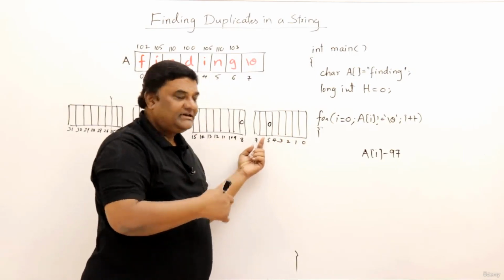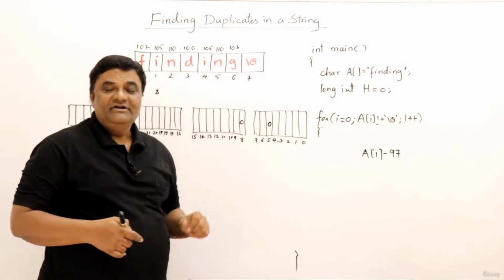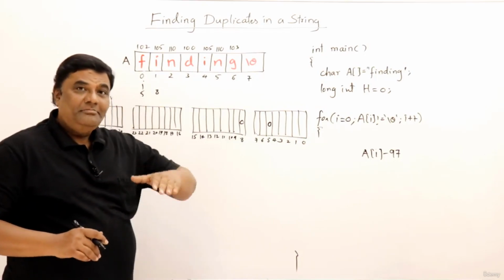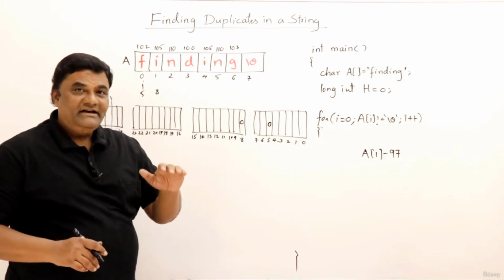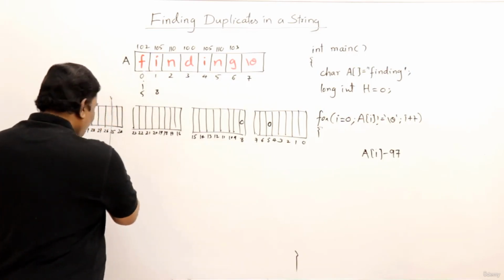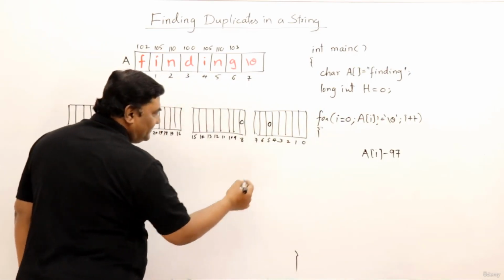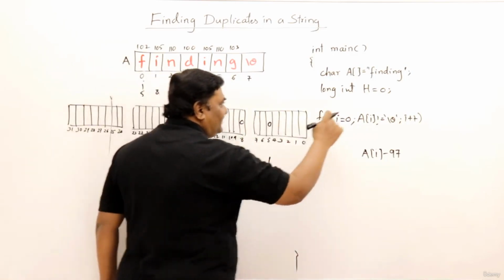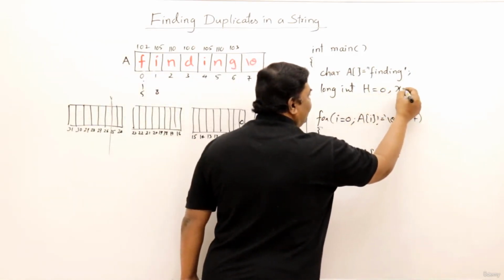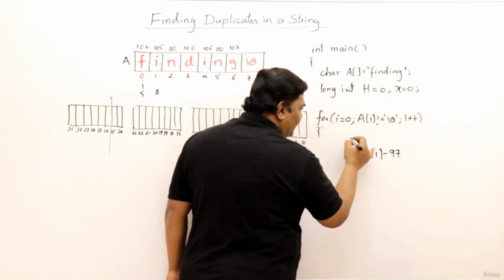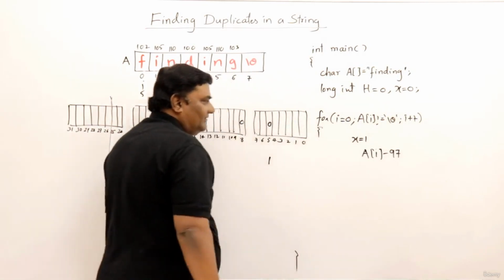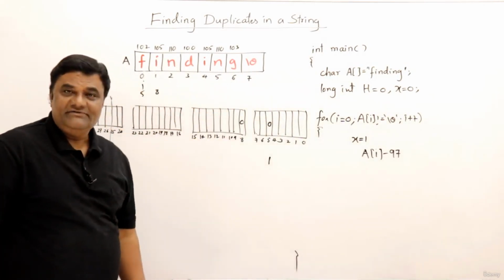If you count it is the 6th bit, but the index is 5. So is that bit on or not? How to know that? By performing masking, I can know that. So I should have one more variable where this bit is set on and I should perform masking. For that, I will take one more variable that is set to 0. And before this, I will set x as 1.